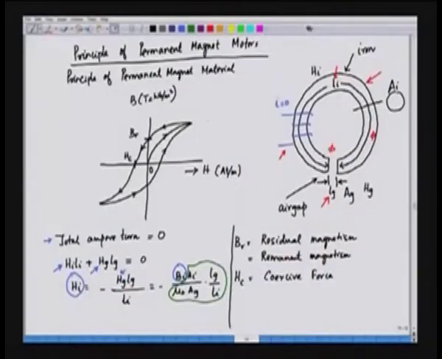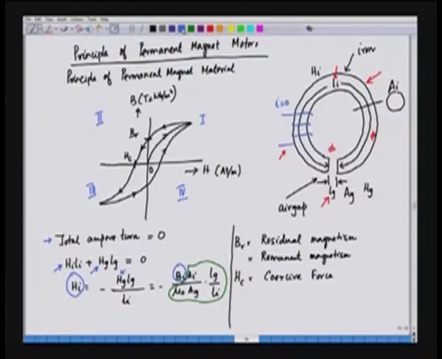So, what is the second quadrant? This is quadrant number 1, this is quadrant 2, this is quadrant 3, and this is quadrant 4. Now, in the first quadrant of the BH curve, B is on the y axis and H is on the x axis.